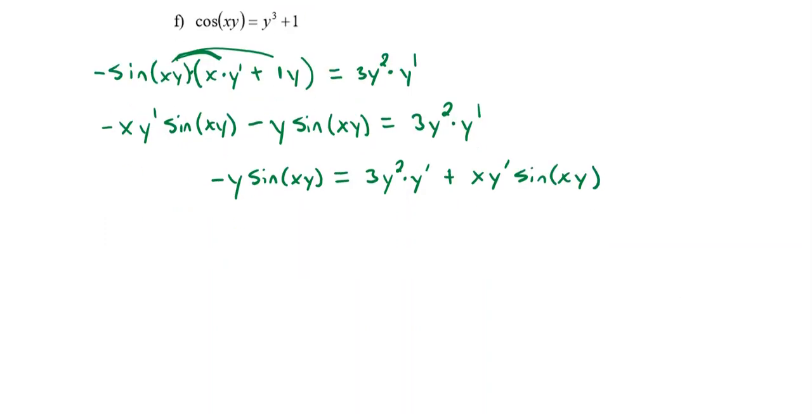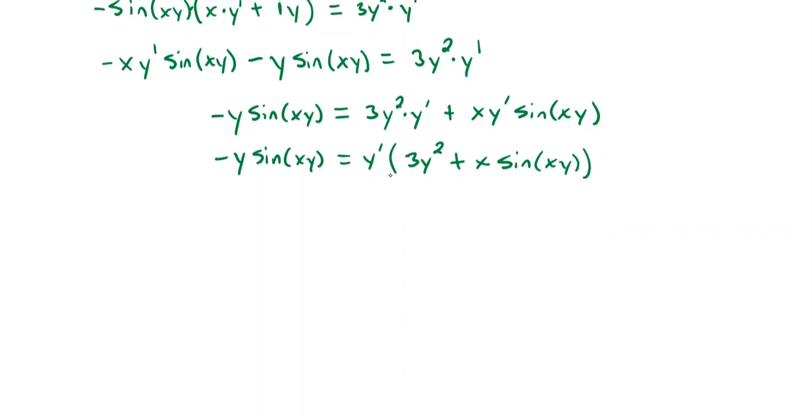All right, so now, like I said, I need to turn these two y primes into one y prime. So let's factor it out. So we've got negative y sine of xy is equal to y prime, and then you'd be left with 3y squared plus x sine of xy.